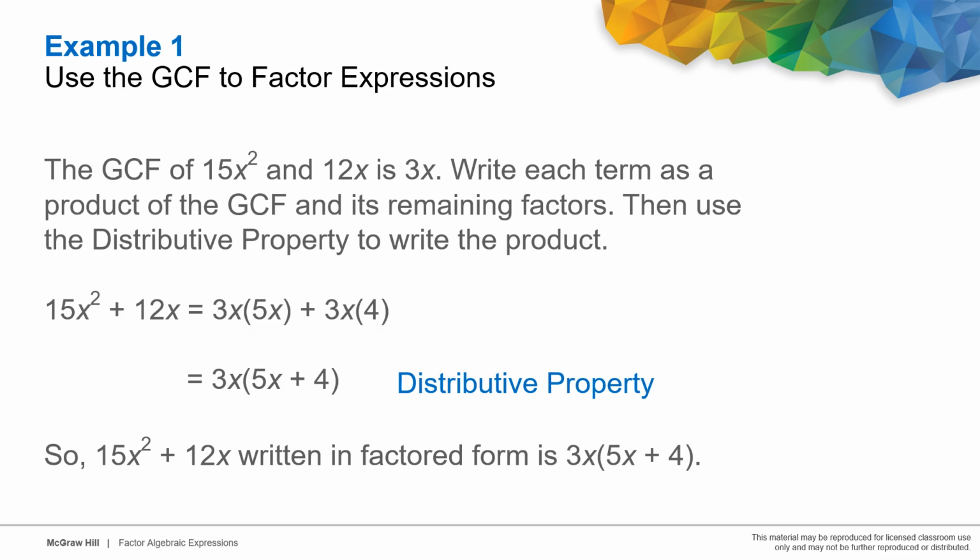Like we just found out on the last slide, 3x is our GCF. Now, if our expression was 15x squared plus 12x, and you were going to divide out, factor out, pull out, however you want to think of it, your greatest common factor of 3x, you're going to do some division. 15x squared divided by 3x gives you 5x. 12x divided by 3x gives you 4.